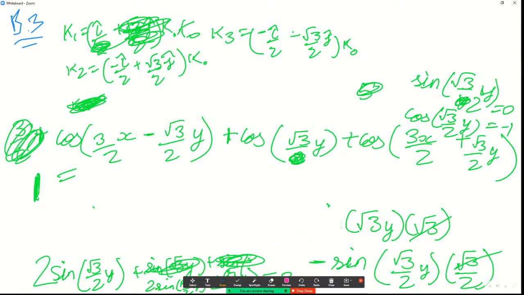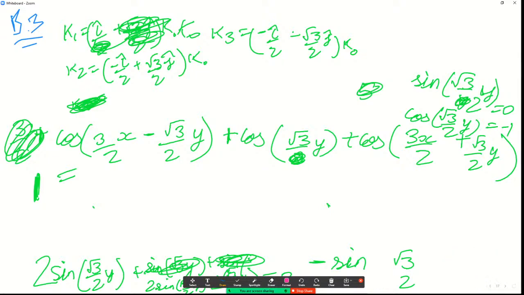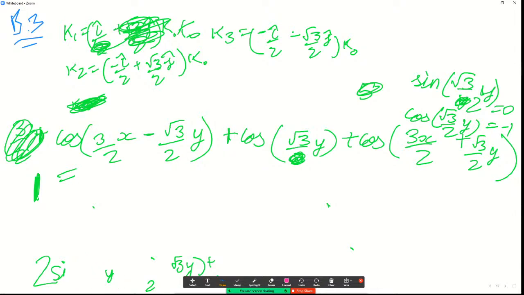Now let us differentiate x. y is equal to 2 pi over root 3, or y can be 0, or root 3 y over 2 can be multiples of pi, all the multiples of pi.